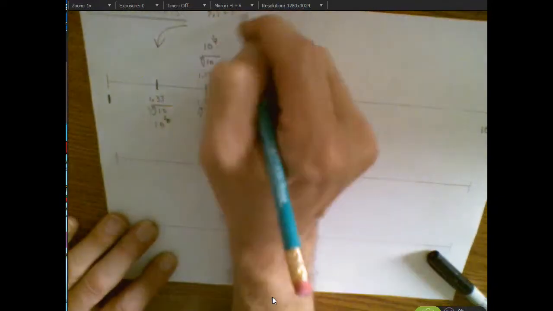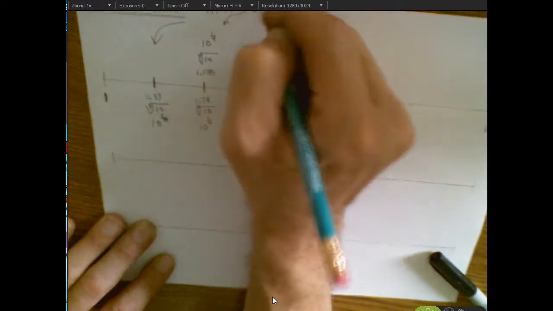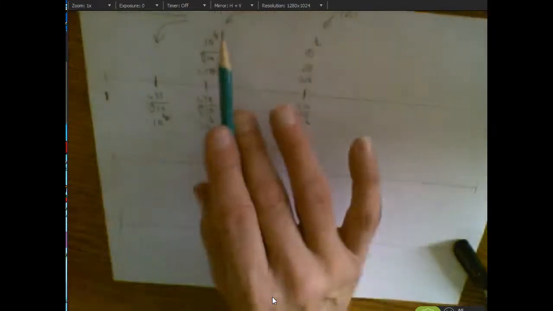Then this one is 6.25. This one turned out to be 12.5. Okay, so what I want you to do now is add the numbers up. 3.125 plus 6.25, that's 9.375. Measure 9.375 centimeters.